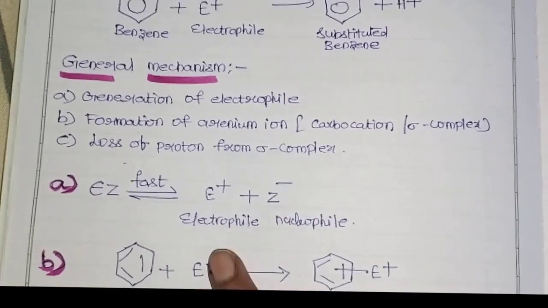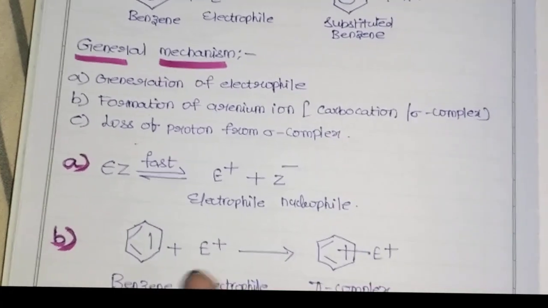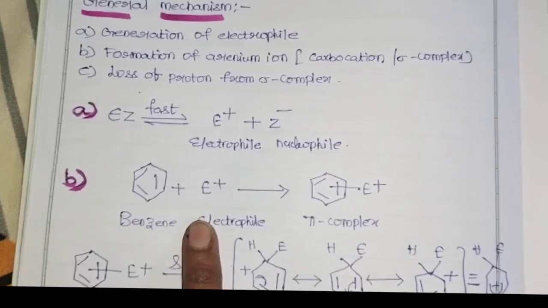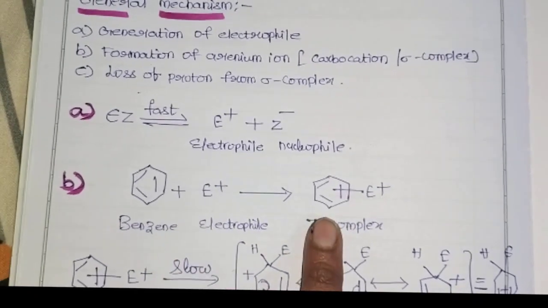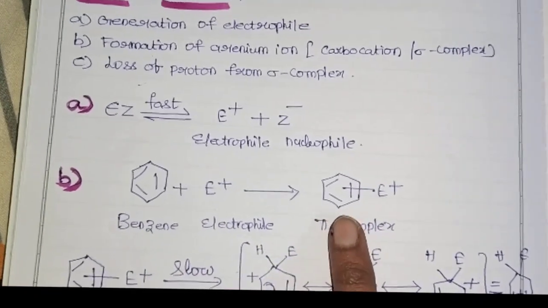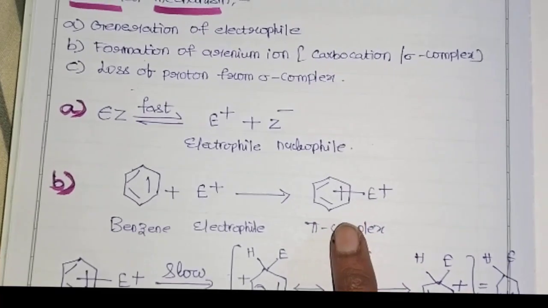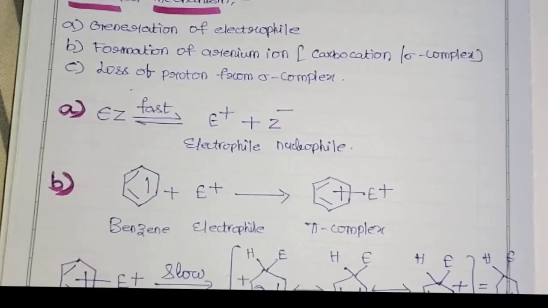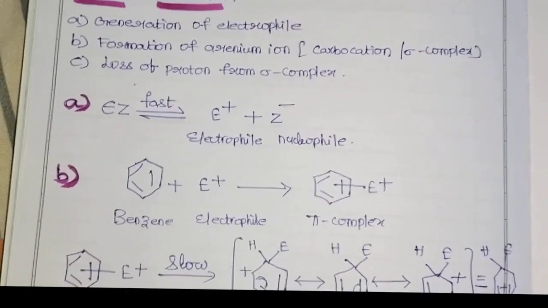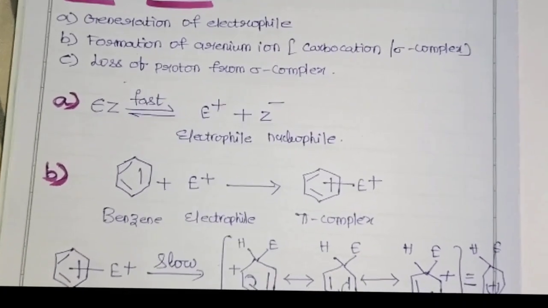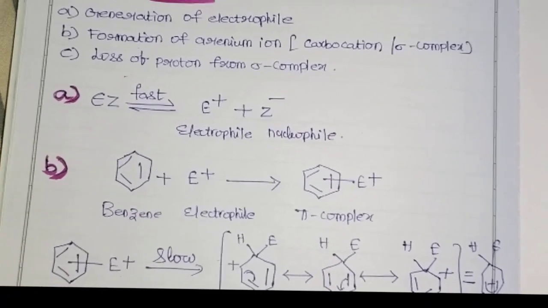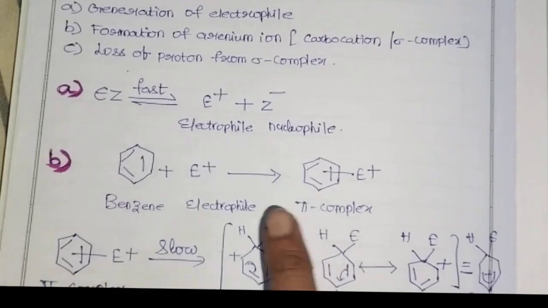After the generation of the electrophile, it will attack the aromatic ring, that is benzene, to form a pi complex. What does pi complex mean? The benzene ring will be attacked by the electrophile, and we cannot tell at which position exactly. It just forms a complex with the benzene. That is the pi complex.